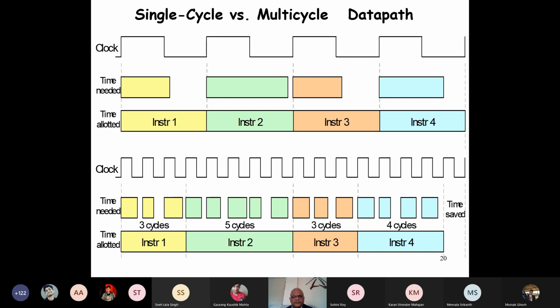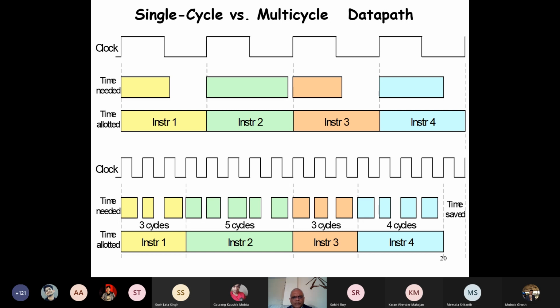But these instructions are different types. One is add, another maybe compare something with something, another is some jump to something, etc. These are different types of instructions, so these instructions take different amounts of computation. Instruction 1 only takes a small fraction of the cycle. Instruction 2 takes nearly the full cycle. Instruction 3 takes very little, and so on.